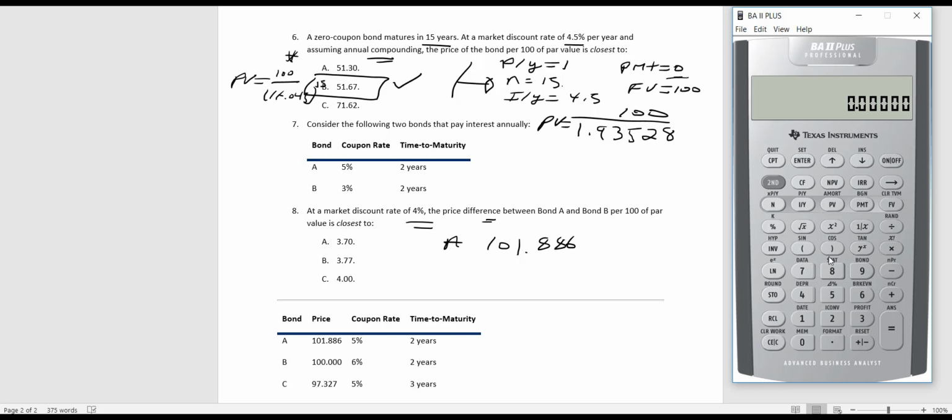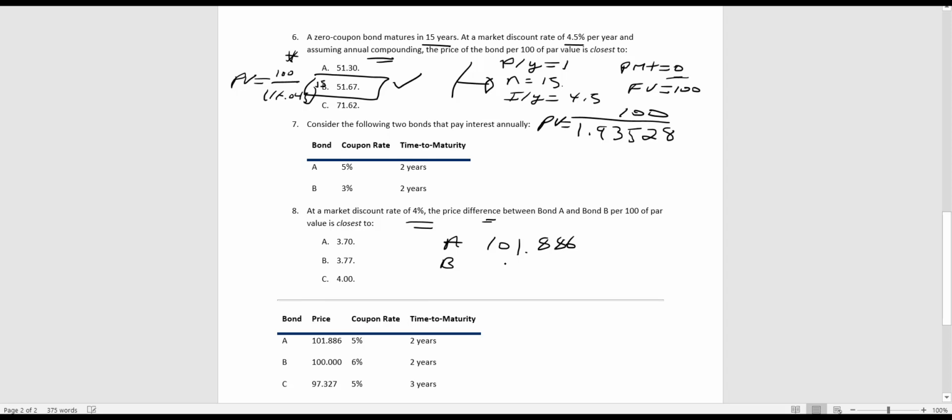It's going to be 2N, and it's the required rate. So just never make a mistake on that. It's always the required rate for the 4 IY. But the payment in this case is 3%, so it's $3 payment, 100 future value, and we're going to compute the present value, and we get 98.11. So the price of bond B is 98.11.